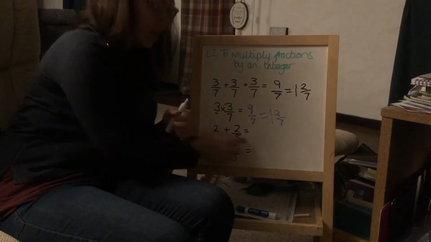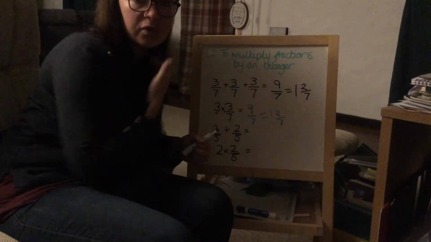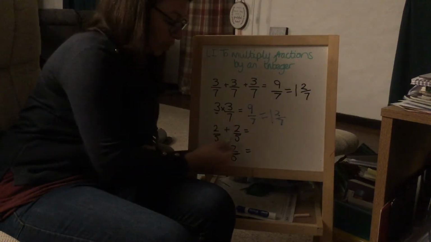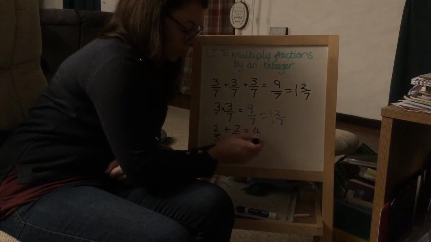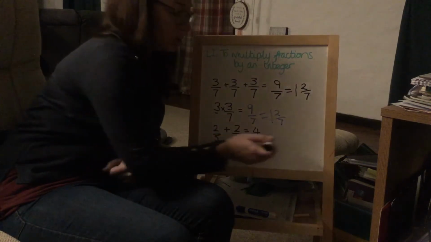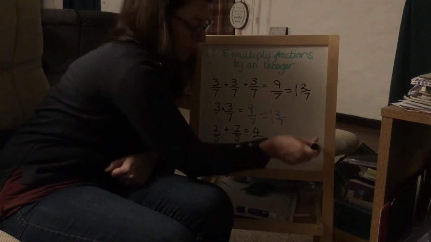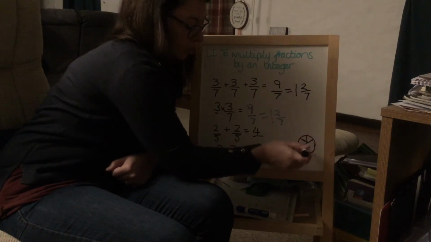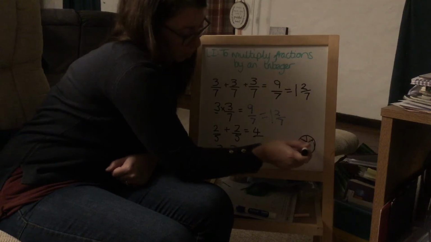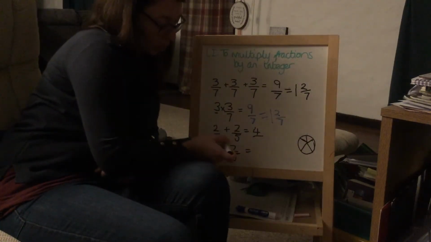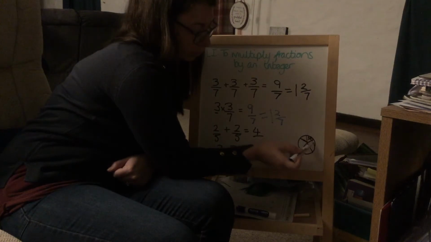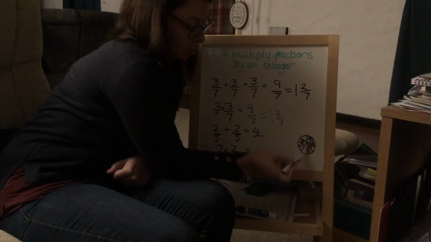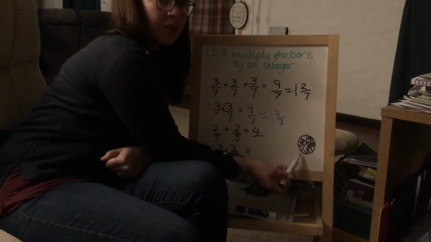We're adding again, exactly what we did on the first slide yesterday. 2 plus 2 is 4. We don't add our denominators, because if we remember, when we have 2/5 and we get 2 more 5ths, our whole is still cut up into 5 pieces.